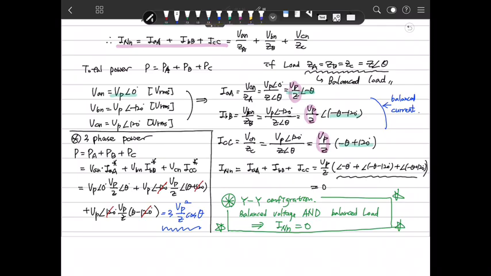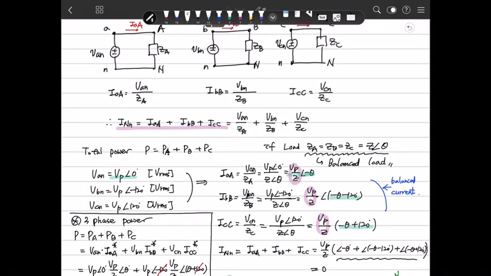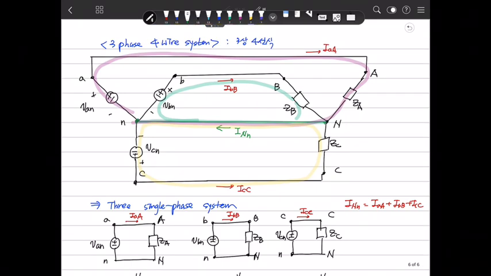So the three-phase power is exactly 3 times the single-phase power. This is a single-phase power, so you multiply by 3. Why use a three-phase system?